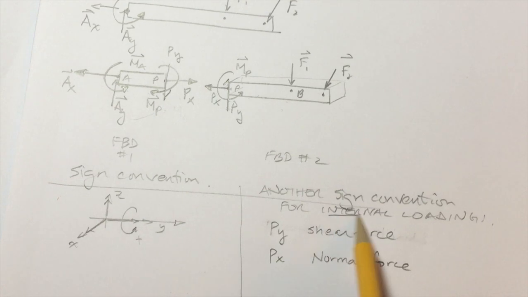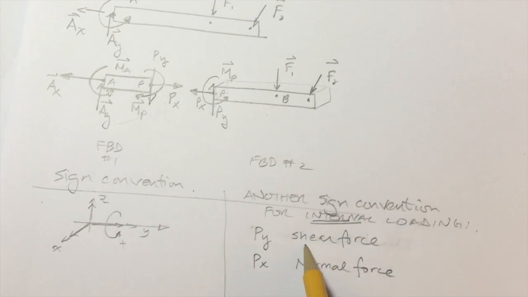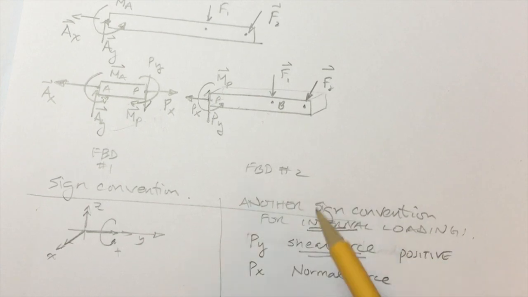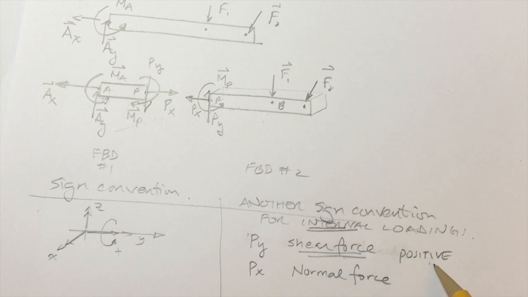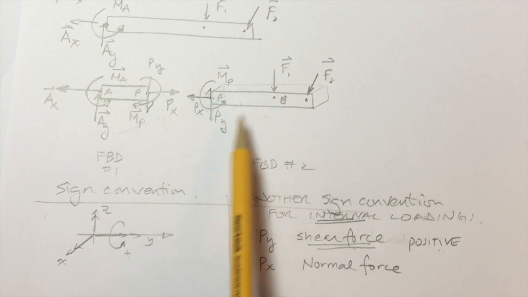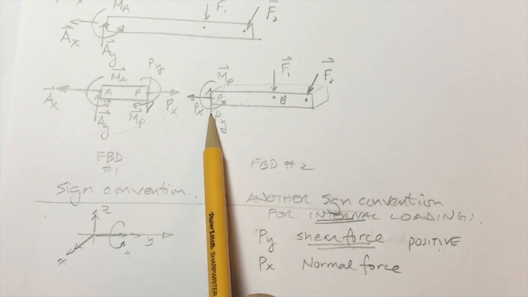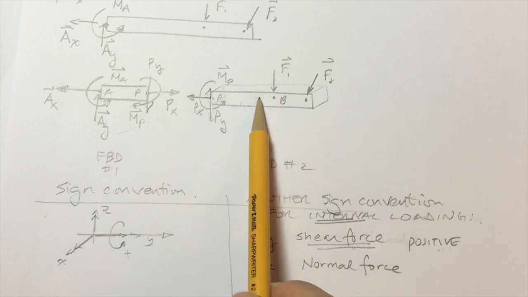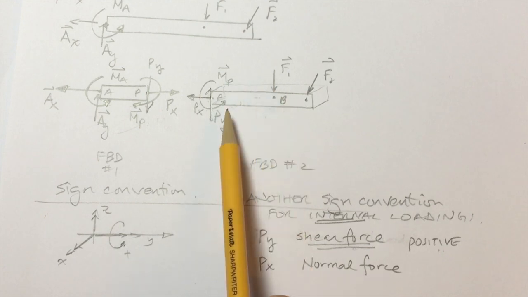And when we talk about these internal loadings, this shear force will be considered positive if the member that the shear force is acting on rotates in a clockwise fashion. So if this Py is acting upwards on this face, of course it'll cause this beam to rotate clockwise.